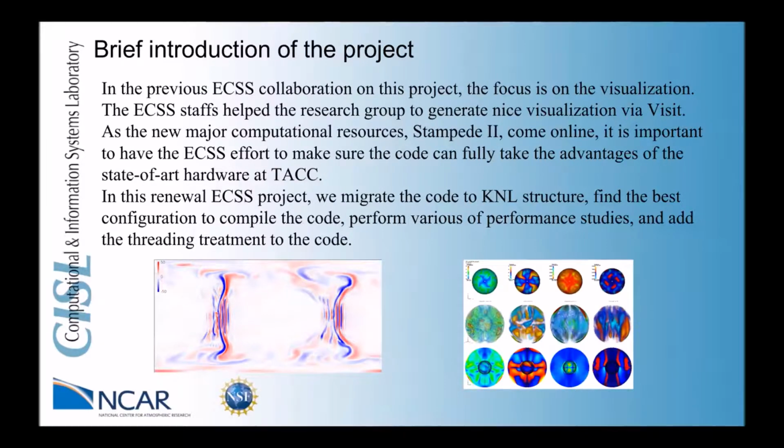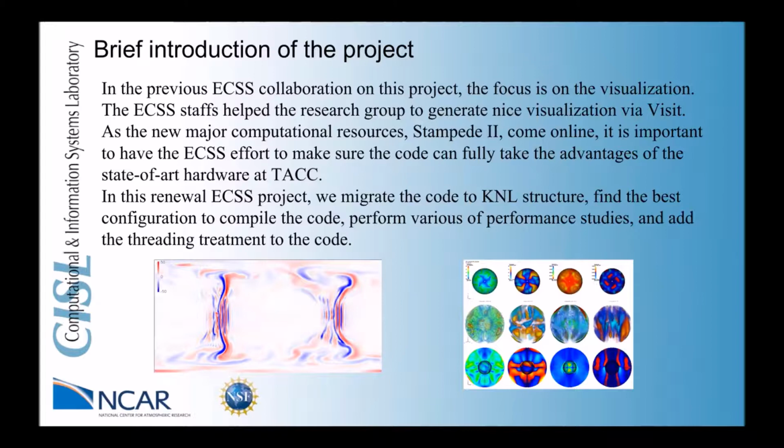In the previous ECSS collaboration on this project, the focus was on visualization. The ECSS staff helped the research group to generate nice visualization with VisIt software. As the new major computational resource, Stampede2, came online, it is very important that we have the ECSS effort to make sure that the code can fully take advantage of the state-of-the-art hardware at TACC.